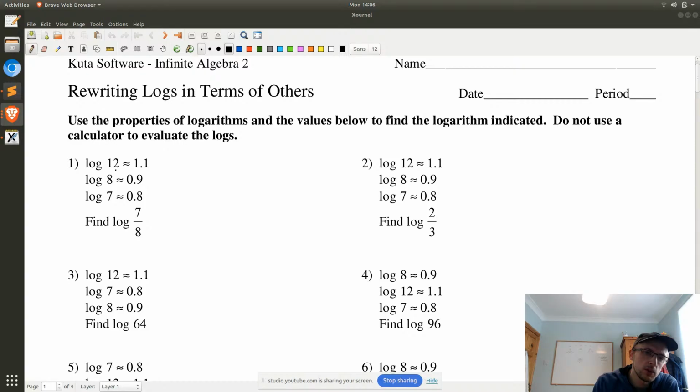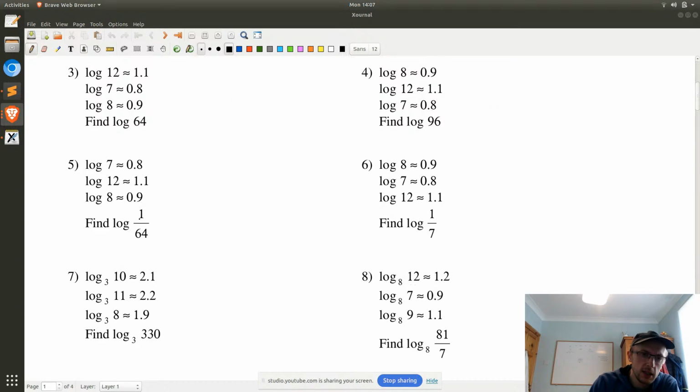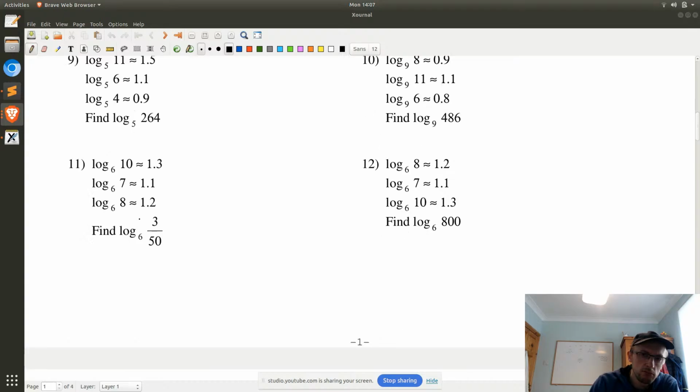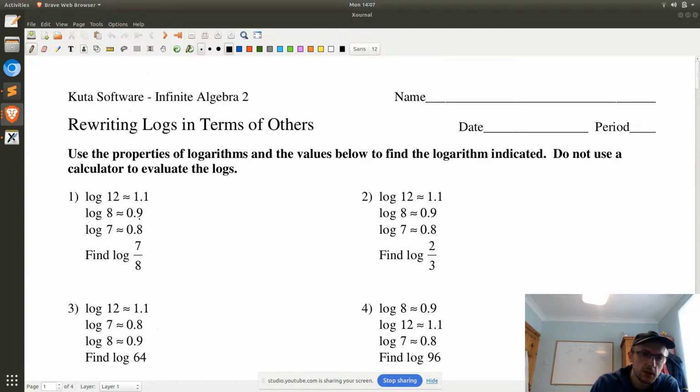Okay, so we're told log 12, 8, and 7 are these respectively. And then we're asked to find the common log of 7 over 8. Yes, the common logarithm, which is logarithm base 10. Well, that would be log 7 take log 8, which is equivalent to log of 7 over 8.